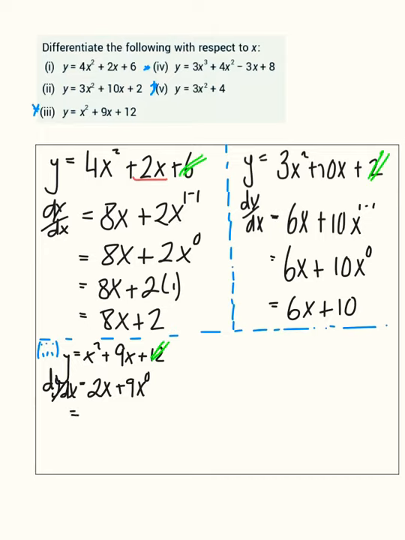So then tidying this up, I've got 2x plus 9, as we must remember that, I'm going to write it up here, x to the power 0 equals 1. Okay, so that's important to note.